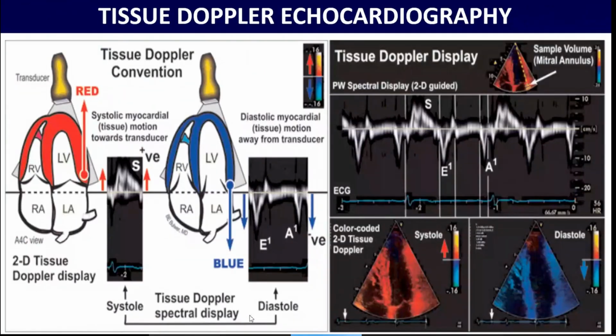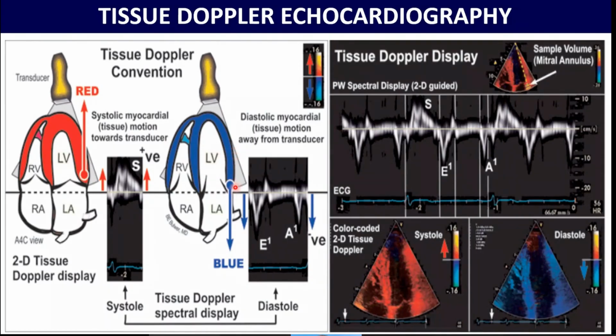And coming to tissue Doppler velocities, here high frequency, low amplitude Doppler signals are separated, they are removed in tissue Doppler, and you are looking at low velocity, high amplitude movement of tissues.